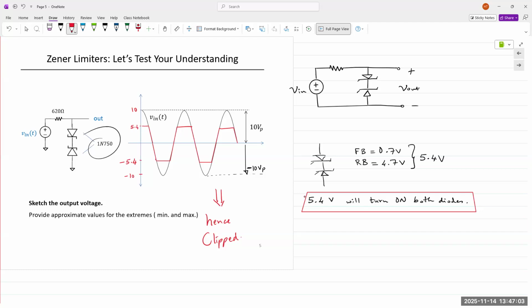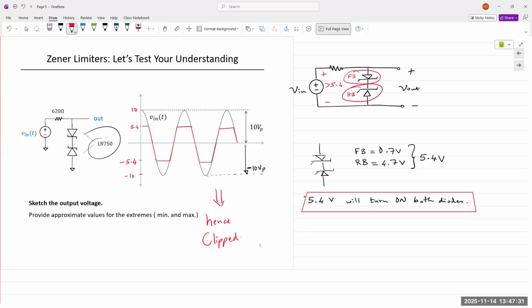Well, if you apply 0.7 volts, it's not enough to turn on both diodes, because the diode at the top will be forward biased. It requires 0.7 volts. This one would be reverse biased. That requires 4.7 volts. So V in must be greater than 5.4 to satisfy both this diode and this one.